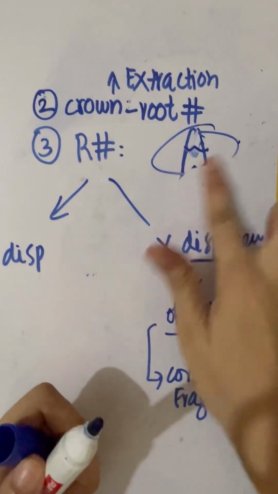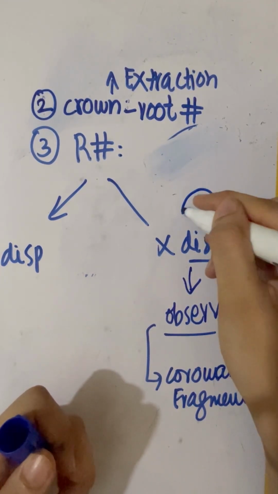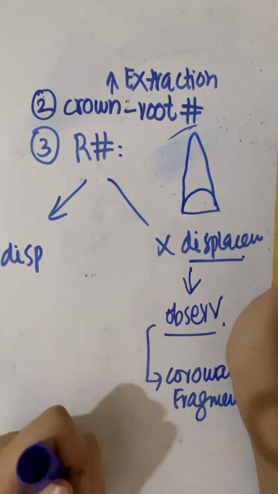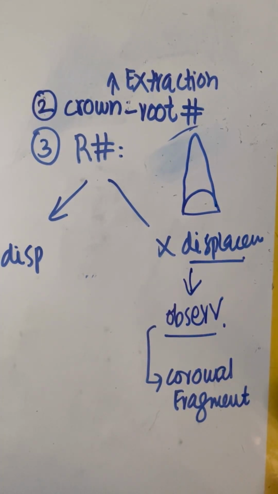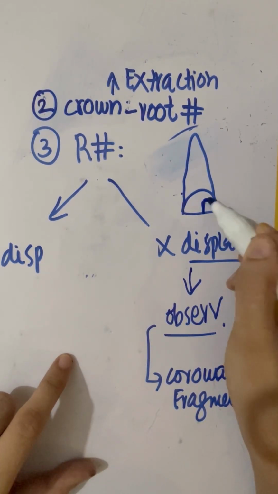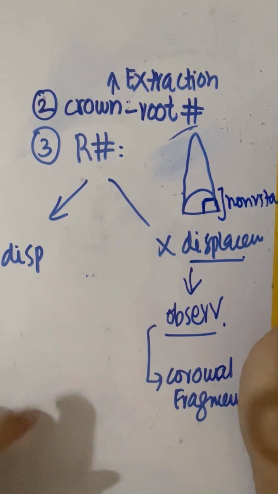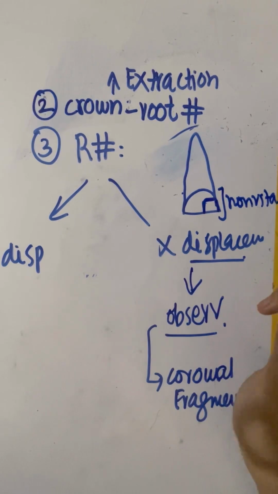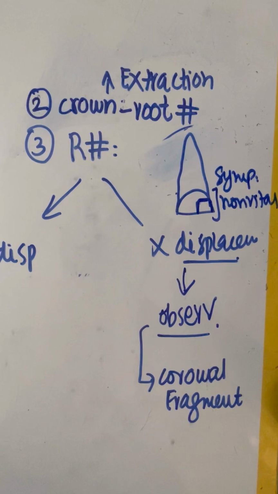For example, this is a tooth. There is no displacement, the tooth is in position, perfectly fine. But the coronal fragment is non-vital and it is symptomatic. You have pain, and the coronal fragment is non-vital, but there is no displacement.